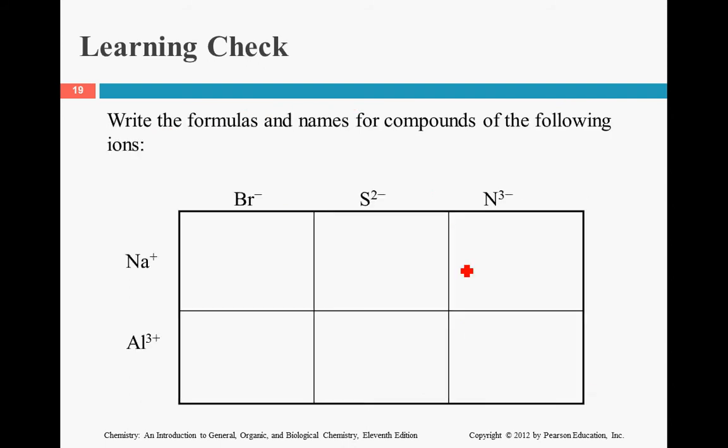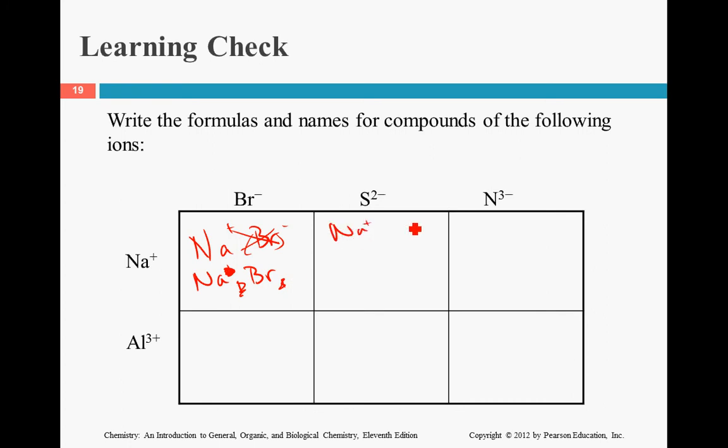Now, writing the formulas we talked about in the previous section. You take the two, you put them together. Na plus, Br minus, crisscross the charges: Na1, Br1, and you don't have to rewrite the ones, so it's just NaBr.